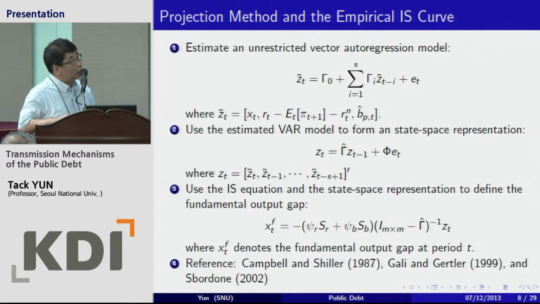Given this estimation, I formed a state space representation, as you look at in the second equation. Then I impose the IS equation relation into the state space representation to derive the model-based output gap.